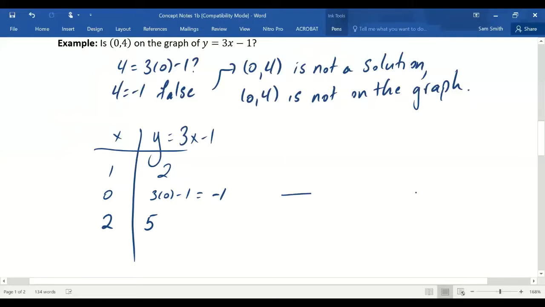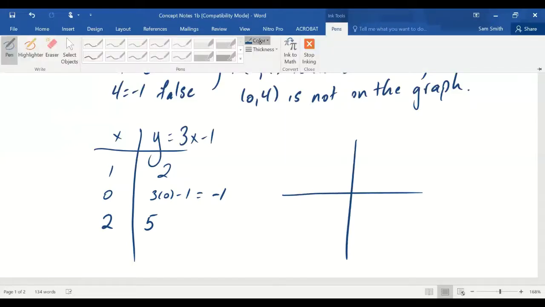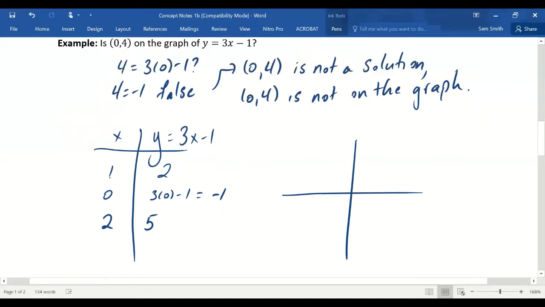And so I could begin to construct a graph of that equation by writing down the points that I have found in this table. For example, this first point, where I will travel 1 unit along the x-axis, 2 units along the y-axis. That would bring me to 1, 2.